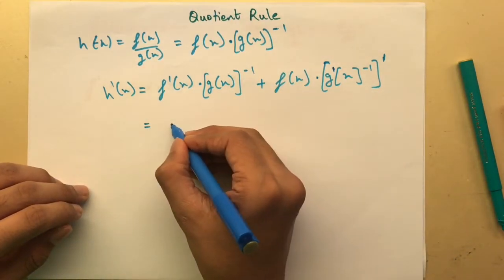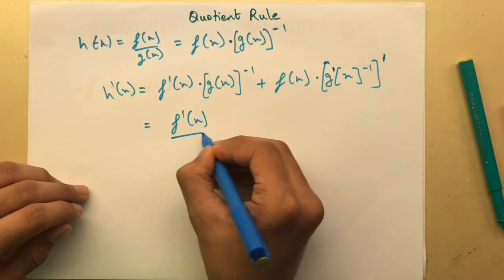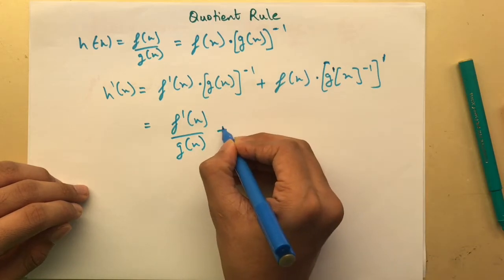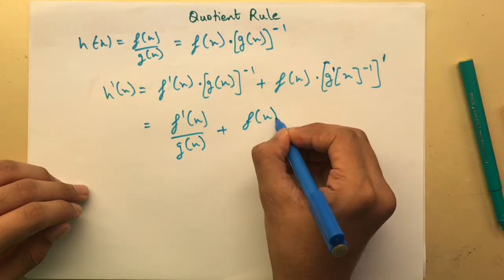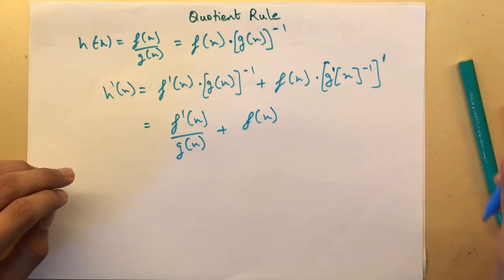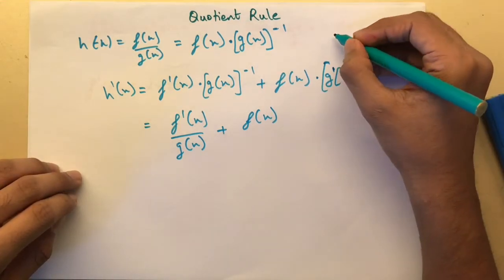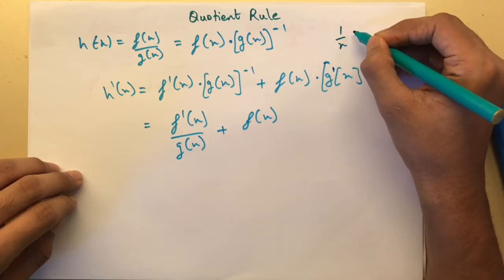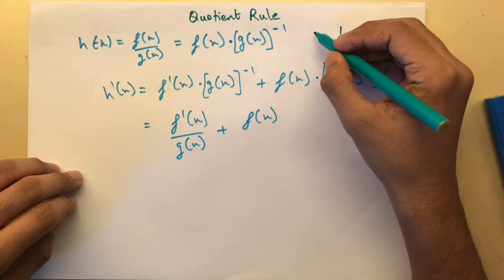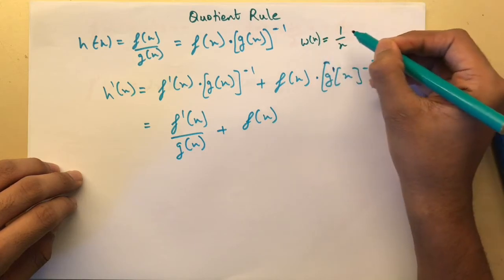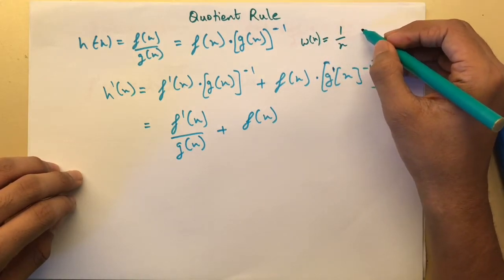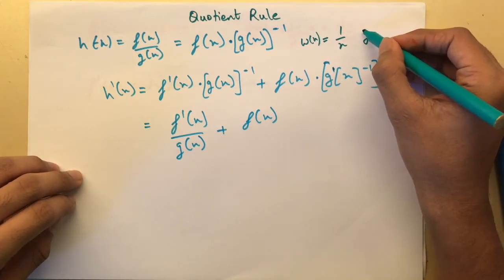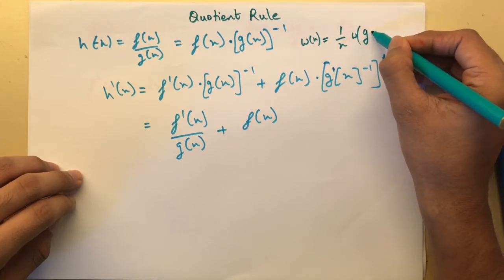So now this can be written as f dash of x upon g of x plus f of x, and so we can look at it as a composition of the function 1 upon x and g of x. So if w of x was 1 upon x, then it can be looked at as w of g of x.